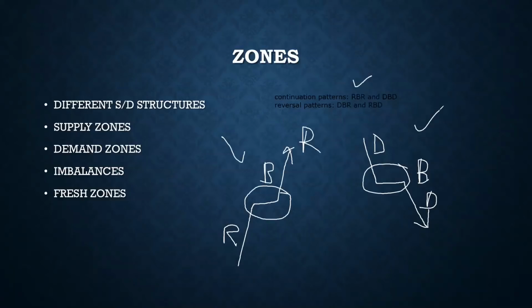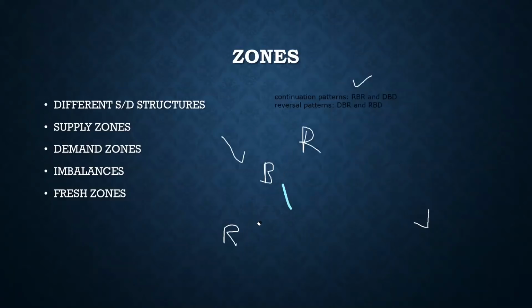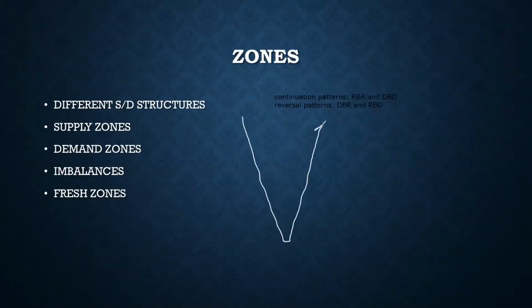It dropped, formed a base where it was looking for liquidity, then it dropped further. Now going into the next one, the reversal patterns. We have the drop, base, rally, and we have the rally, base, drop.